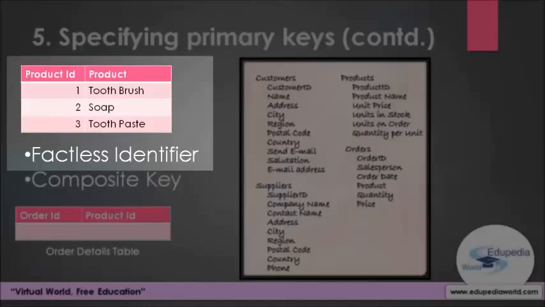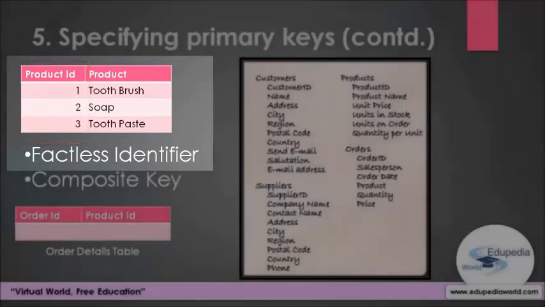Factless identifiers are ideal for use as a primary key because they do not change. A primary key that contains facts about a row, a telephone number or a customer name, for example, is more likely to change because the factual information itself might change. A column set to the auto number data type often makes a good primary key. So here, no two product IDs are the same.